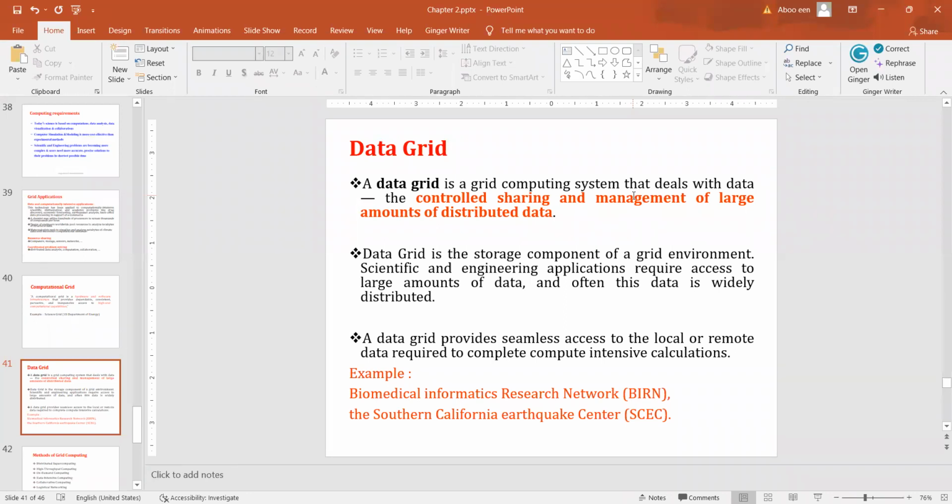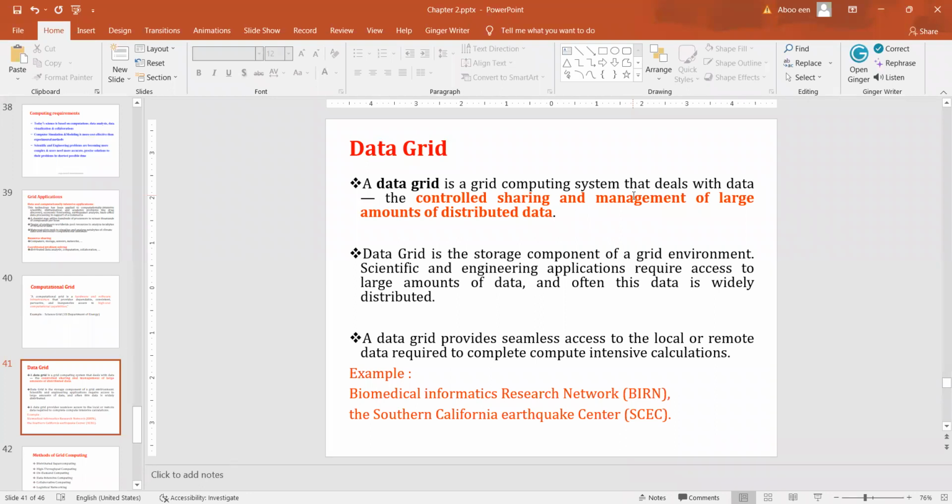Basically it refers to the storage capacity. The data grid is the storage component of a grid environment. Scientific and engineering applications require access to large amounts of data, and often this data is widely distributed.